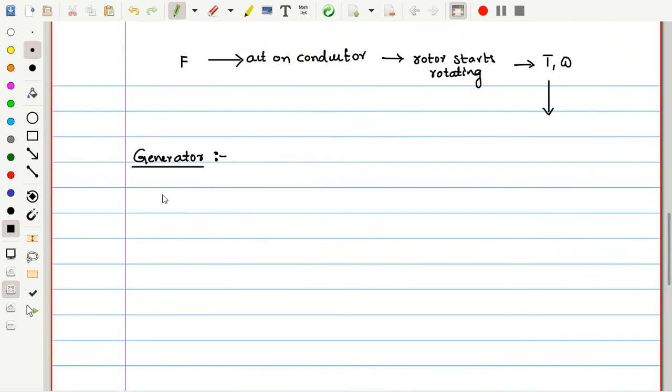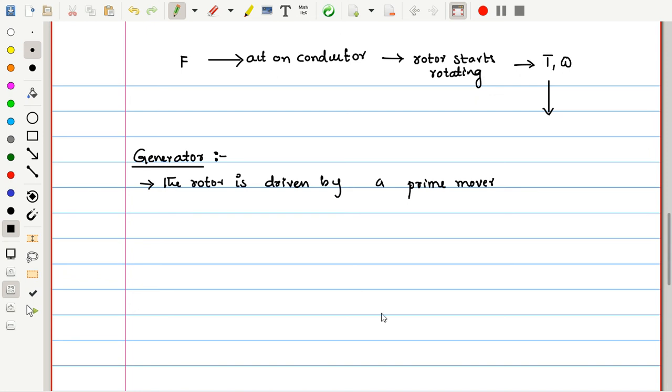In the case of the generator, you have to imagine a reverse operation to that of the motor. In the case of the generator, the rotor is driven by a prime mover. Hereafter we will be using this word prime mover. What is a prime mover?